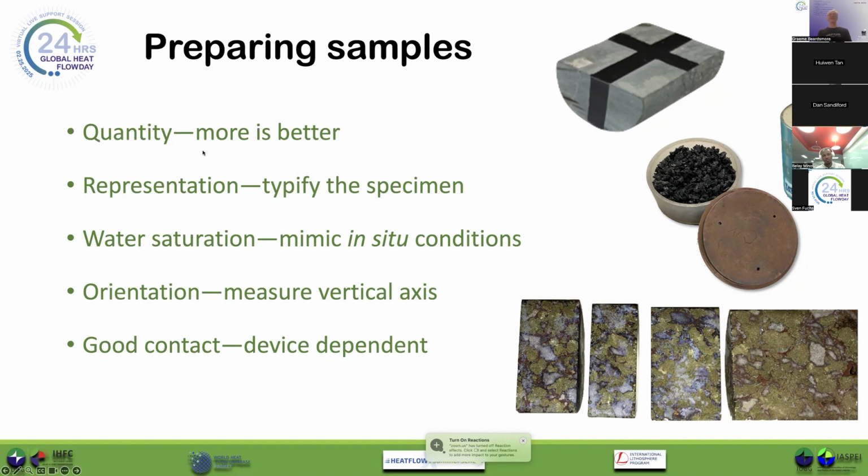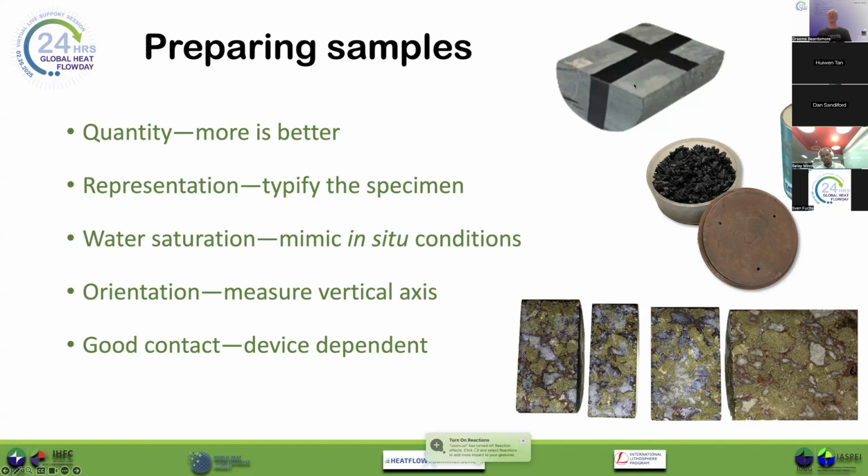Typically speaking, the more material we have, the more likely it is to characterize the thermal properties of the bulk formation. If you just had a single grain cutting here, there's very little we can do with that. I don't know any common instrument that can measure the thermal conductivity of just a single rock chip.